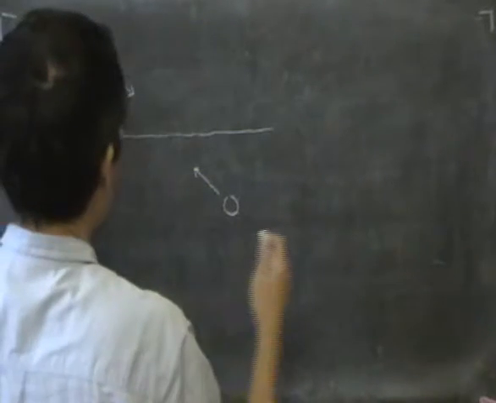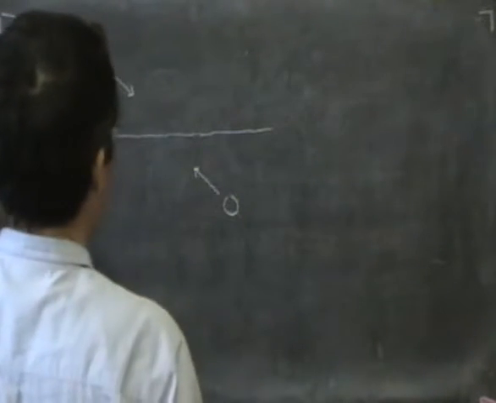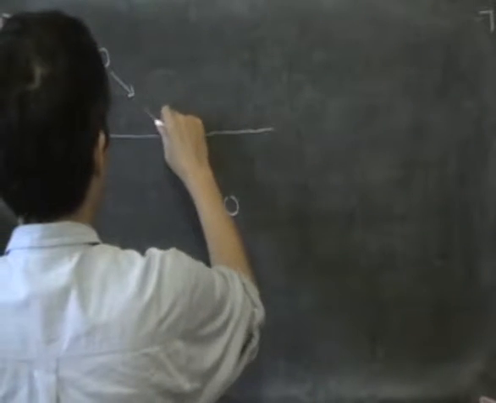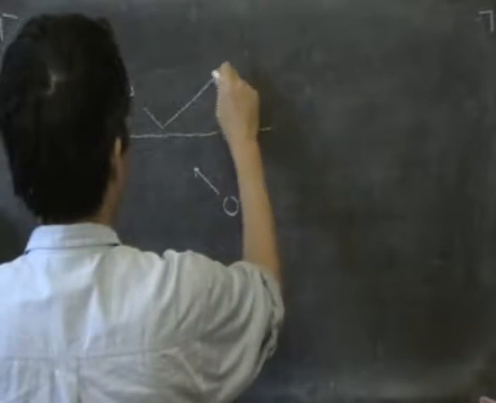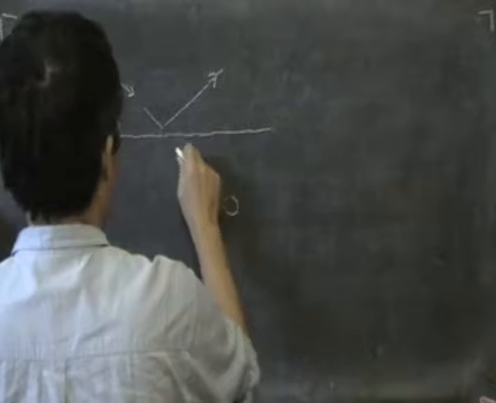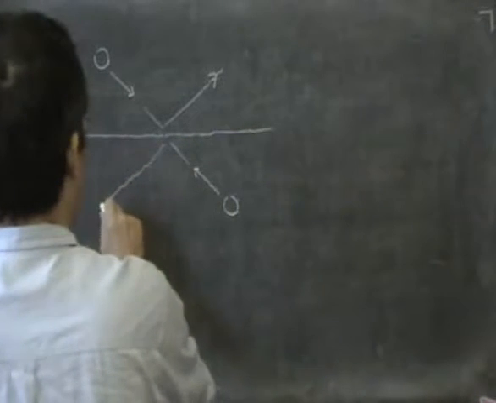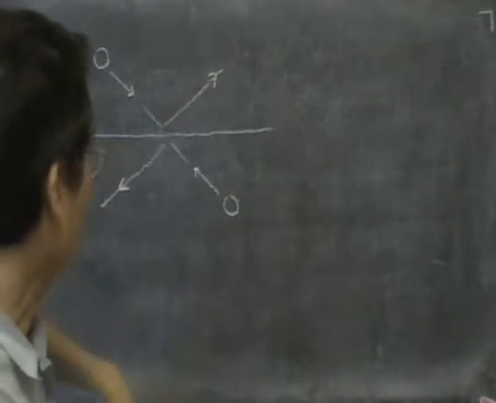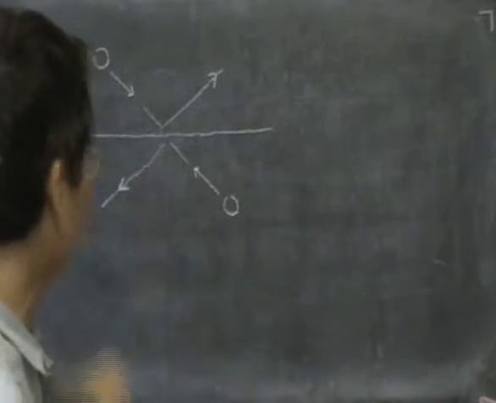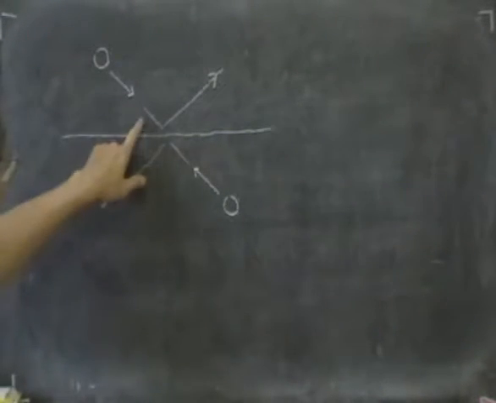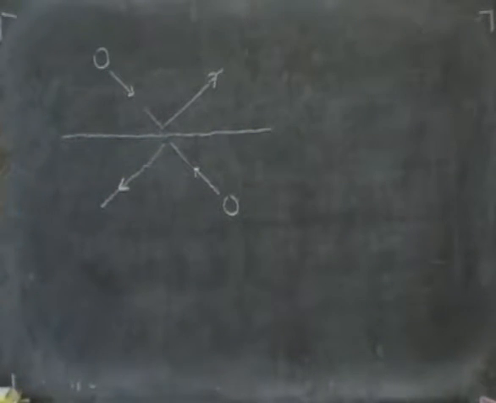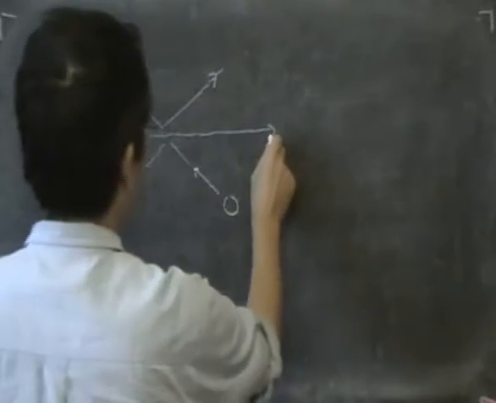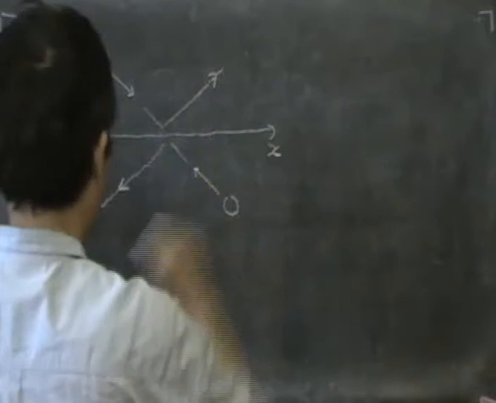I choose a direction so that they bounce off symmetrically, so that the paths for each ball are symmetrical to each other, meaning those angles are equal. That's my x direction, and this is my line of symmetry.